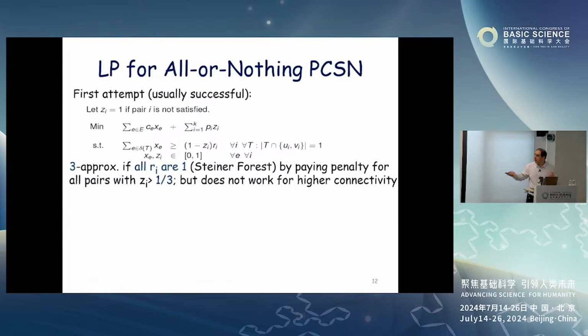Then you will multiply all this by a factor 3 over 2. It becomes essentially the regular non-price collecting, with an integrality gap of 2, meaning an LP rounded to an integer, a factor 2. A factor 3 over 2 here times 2. So 3 times this, and the approximation, I think, 2.